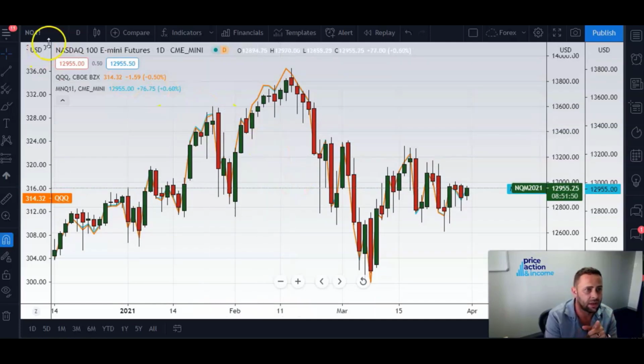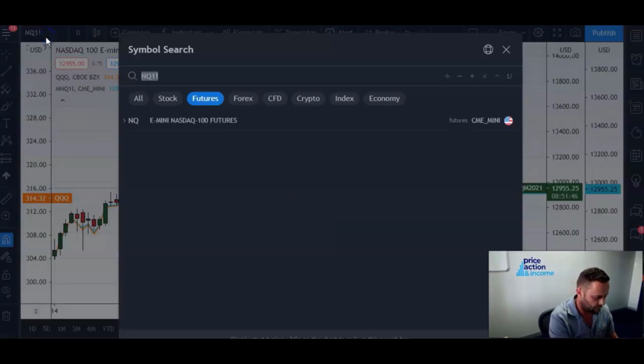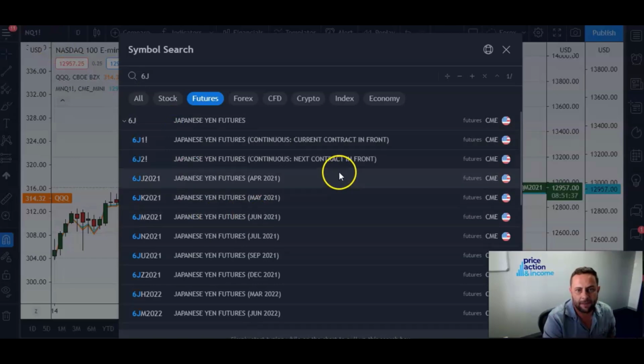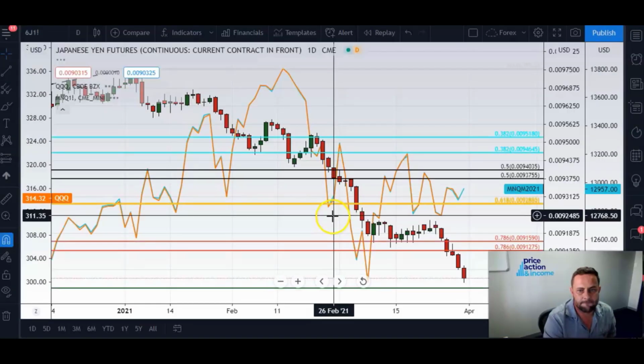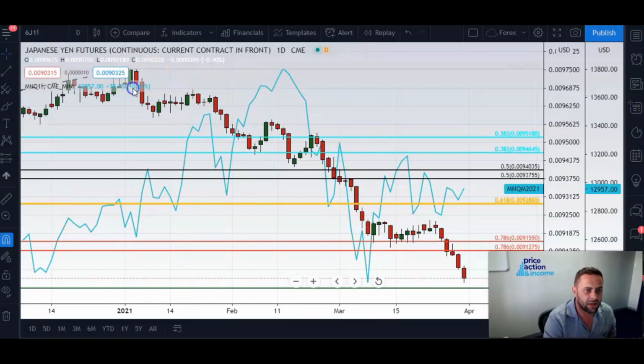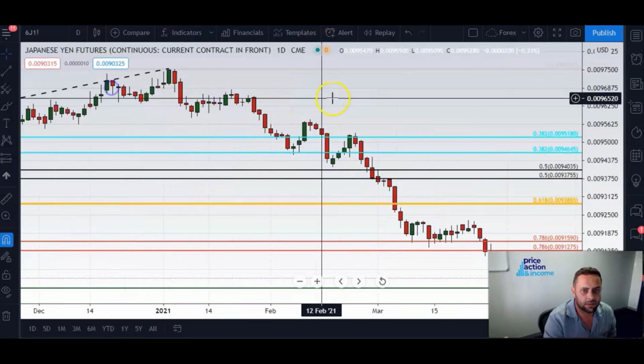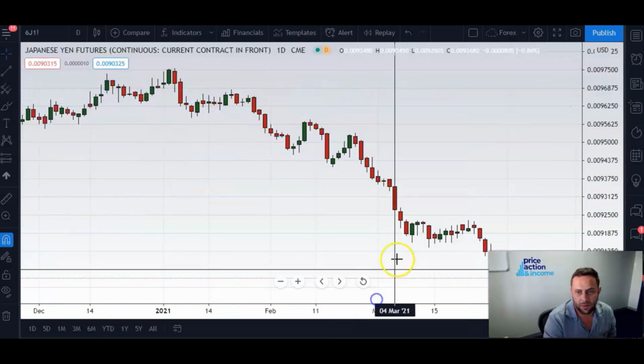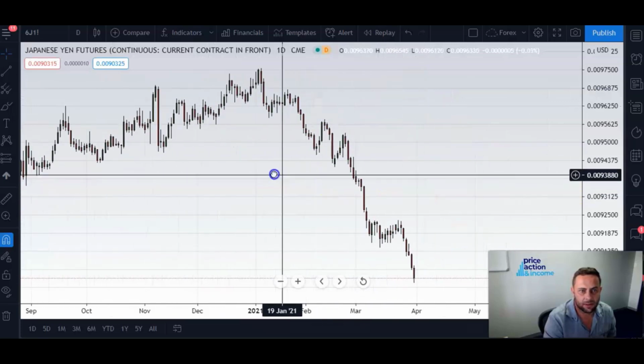Before I actually go, what I mean by trading on the right side, if you, for example, go to, let's say, 6J, Japanese yen, the futures side, let me just get rid of that, remove all that.